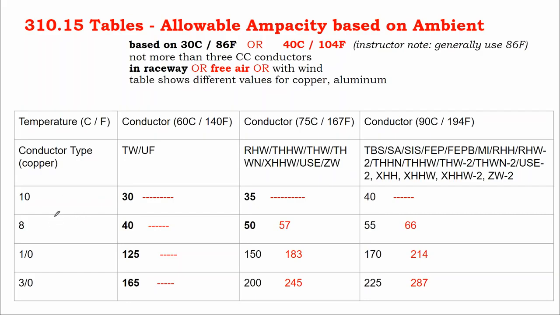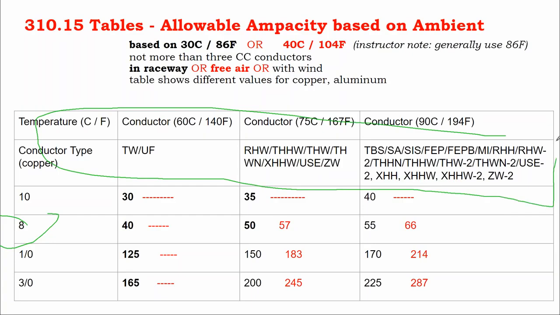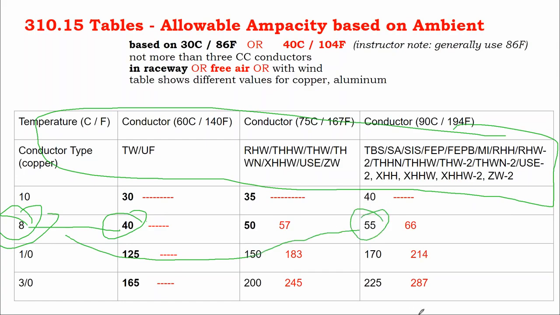So now we're looking at some basic conductor ampacities, and we can see that there's a wide range of cables, but a number 8 cable that's rated for 40 amps. If you're using a kind of cheap indoor cable, there might be another number 8 cable that is rated for 55 amps.